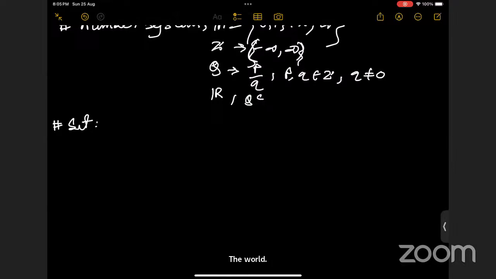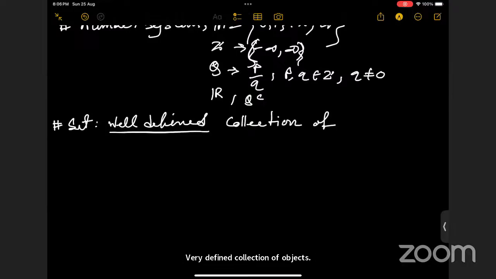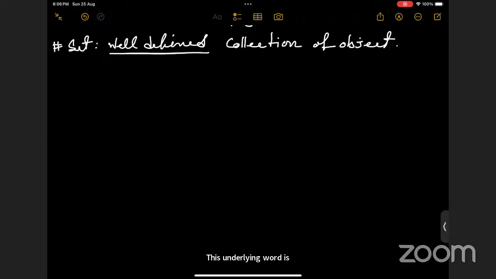You have to mention it, okay? You cannot miss it. So a set is basically a well-defined collection of objects.